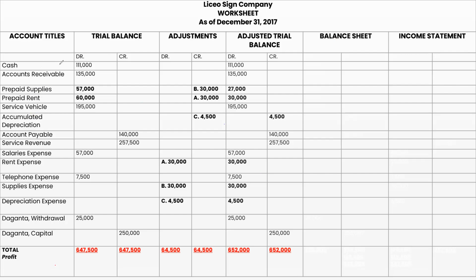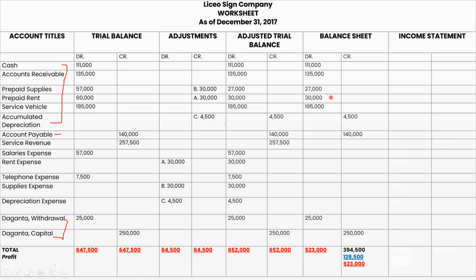What are assets in this case? Assets are up to here. These are assets, your liabilities, and your owner's equity. What is your owner's equity in this case? This. So all of these, assets, liabilities, and owner's equity, are what you will see in the balance sheet. So how? You just move it. Where do you base it? Here, on the adjusted.